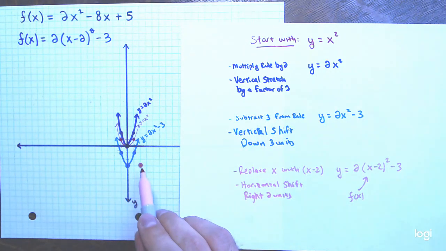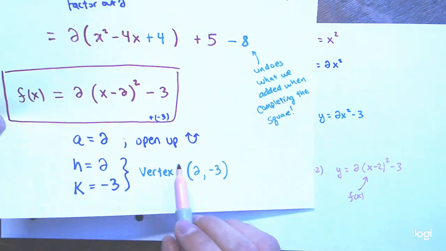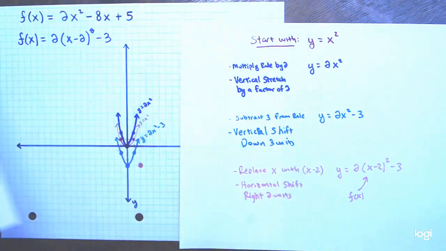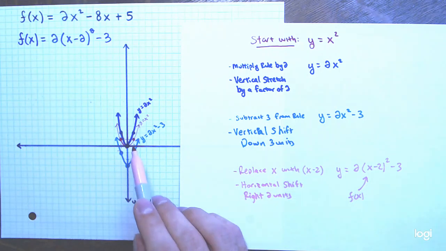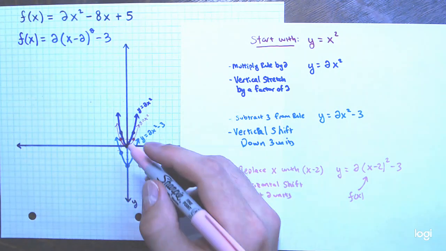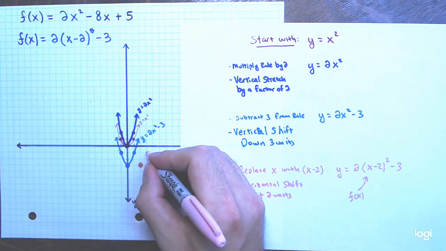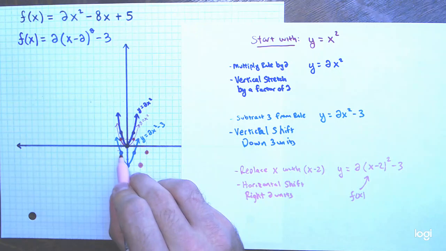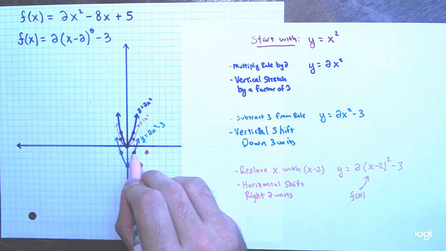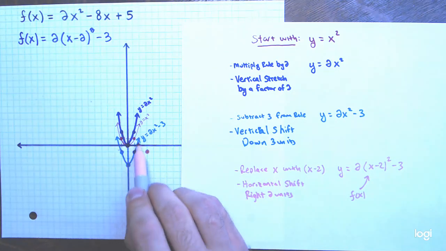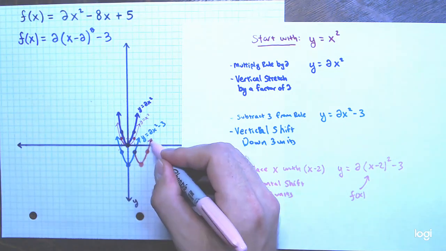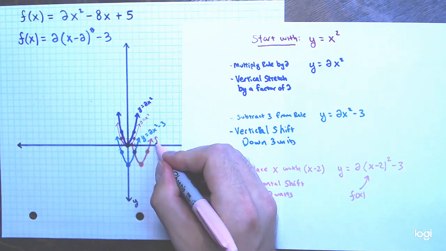That's 2, negative 3, back on the page where I changed it using completing the square. This 1, negative 1 to the right 2 to 3, negative 1. And then negative 1, negative 1, move right 2. That'll be at 1, negative 1. And it's just, again, this graph moved to the right 2 units. It's the same parabola. And there's the graph of f.